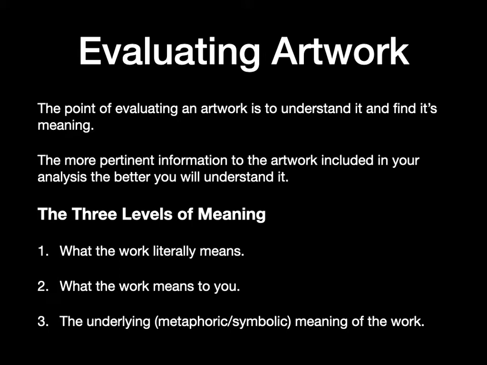Just because you're looking up information on a particular artist or a particular artwork doesn't mean it's all going to be relevant, the stuff that comes up. So for instance, if you discover that an artist loves horses and you're doing a biographical analysis, that might be relevant information if, say, the artist paints horses because their love of horses shows up in the subject matter.